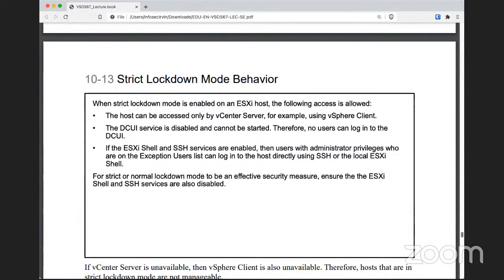So when you do something like strict lockdown, make sure that you know what you're doing and that you have a plan, because the risk of vCenter dying and locking you out from everything is there. So for example, have vCenter load balanced, have a second vCenter on the network, have another way to prevent yourself from getting locked out of your own infrastructure.